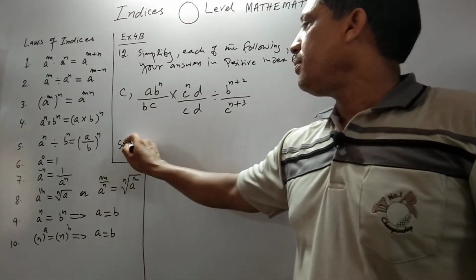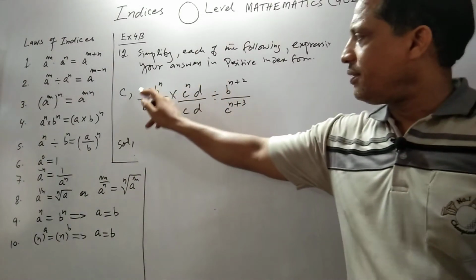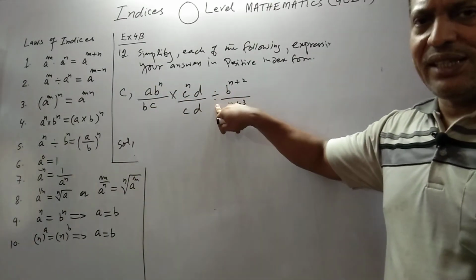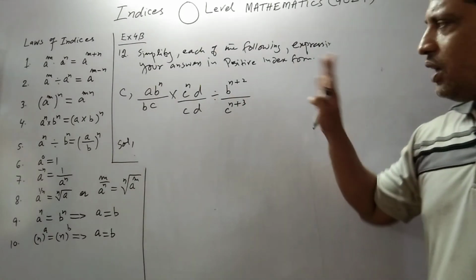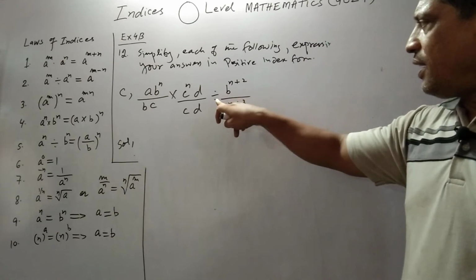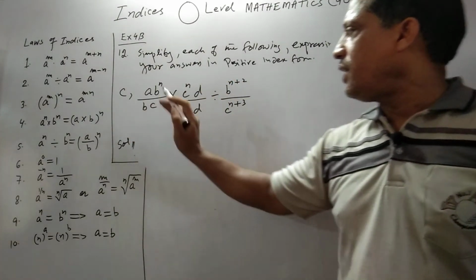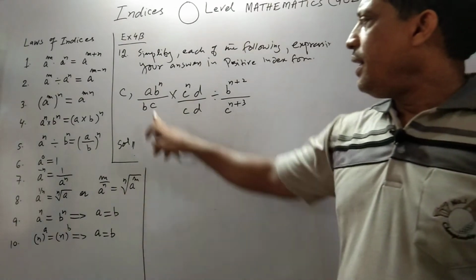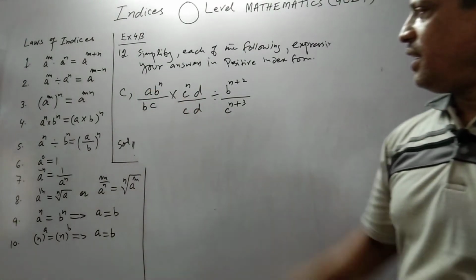Very easy. First, simplify this side and leave this side after the division sign. Don't touch this fraction in the first step. See this, this is a to a. Is there any a?